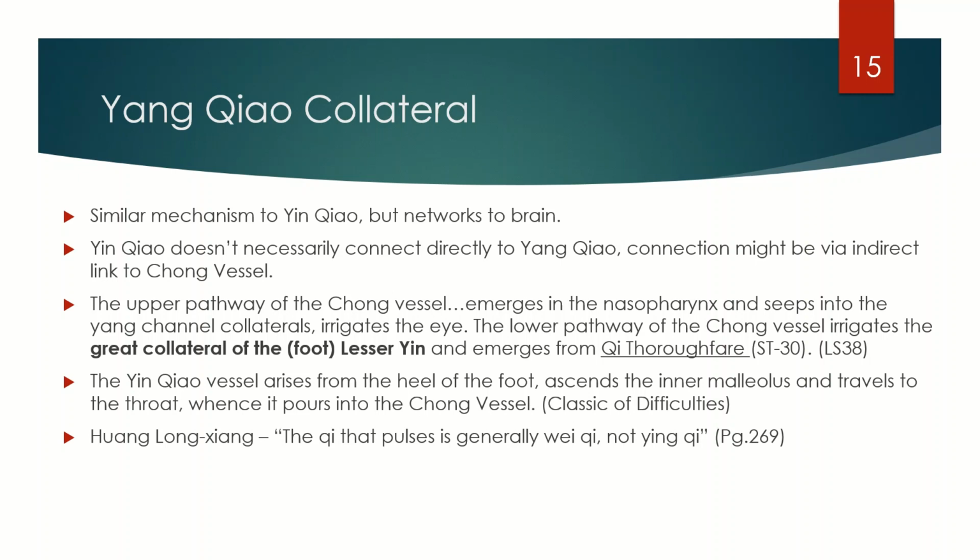So again, the pulsing at the aortic artery or at Renying, it would be like this indication of Wei Qi, and that's why we see the description of stomach Qi surging upward, being connected. That's why Huang Longxiang thinks it's connected to Wei Qi, and also the Chong Vessel being connected to Wei Qi.